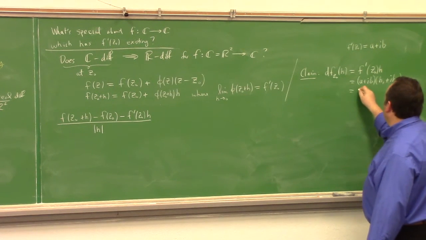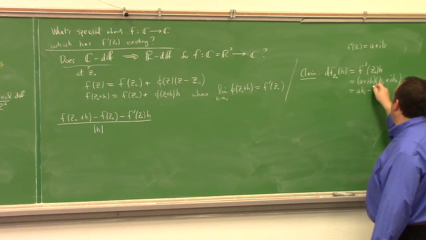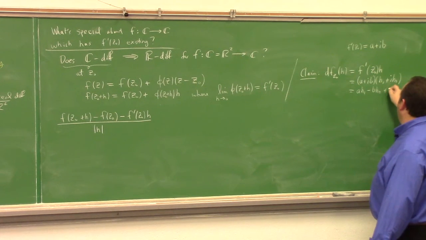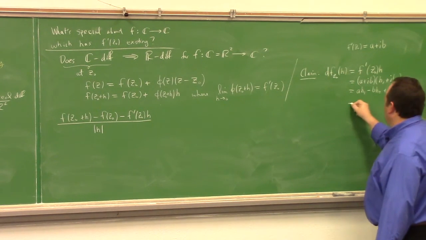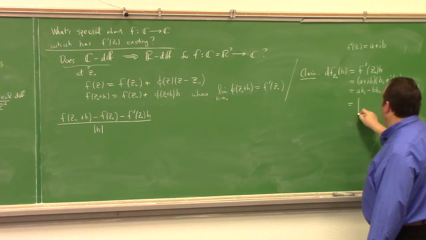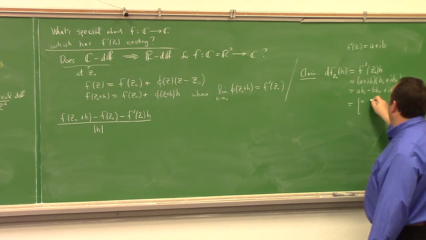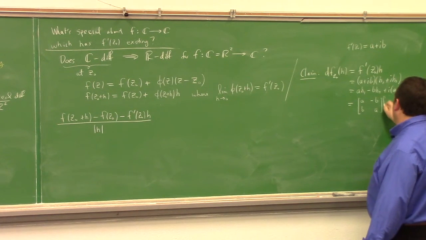Multiply it out, you've got ah1 minus bh2 plus i times (ah2 plus bh1), which, if you tilt your head and squint, you can see is the matrix (a, -b; b, a) times the vector (h1, h2).